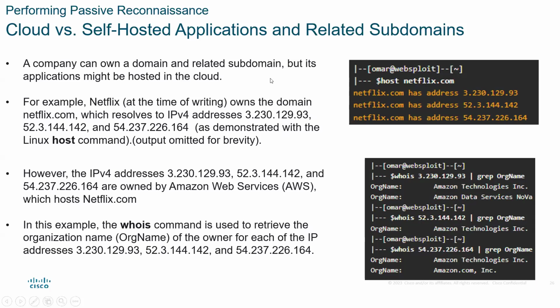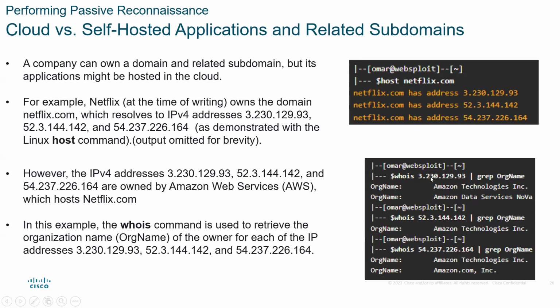So Netflix owns the domain netflix.com, which resolves to IP addresses 3.230.129.93, 52.3.144.142, and 54.234.226.164, as demonstrated here.